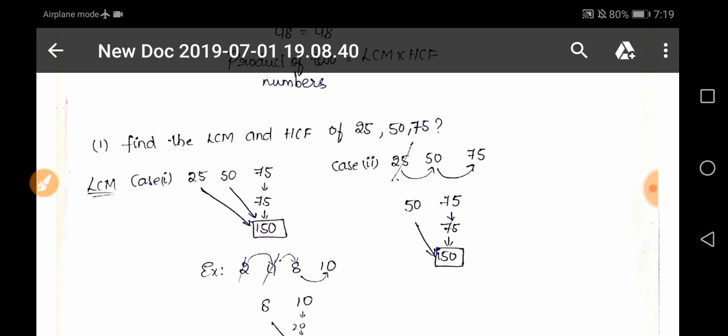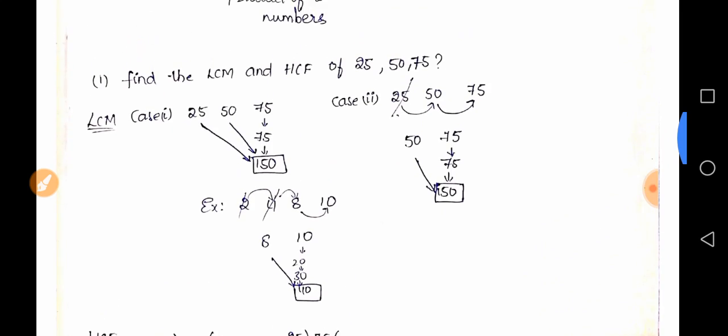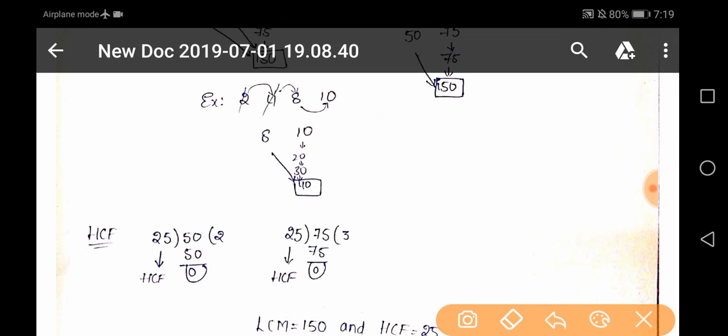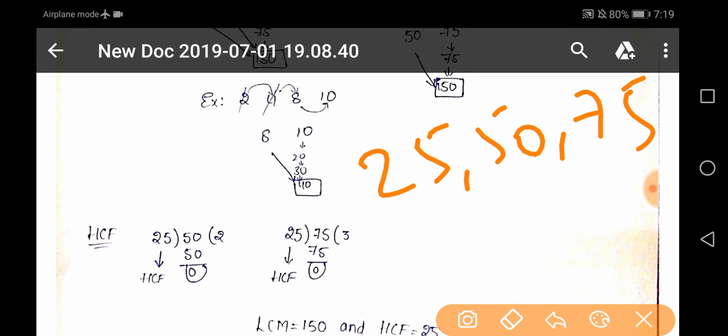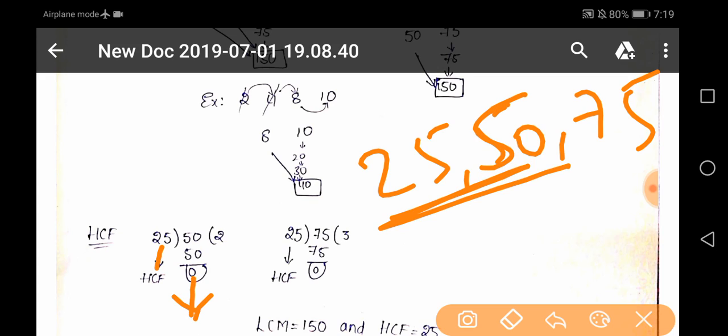And let's get started with the HCF. For the HCF, we have 25, 50 and 75. Take the first two numbers, 25 and 50, divide 50 by 25, then you get a 0. You can consider this as a temporary HCF, not a permanent one. Now do 25 again with 75, and it also gets cancelled.